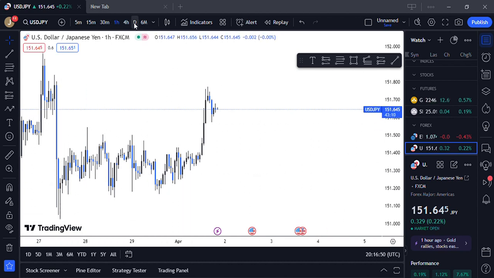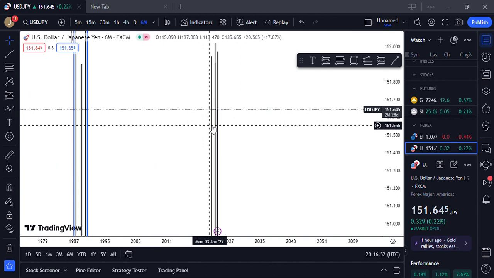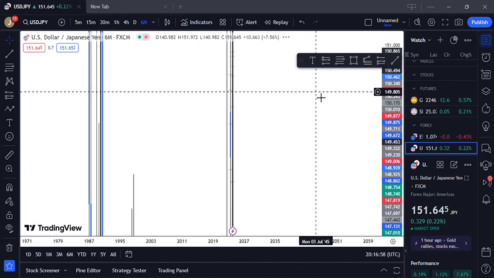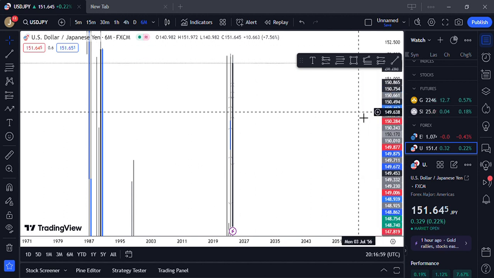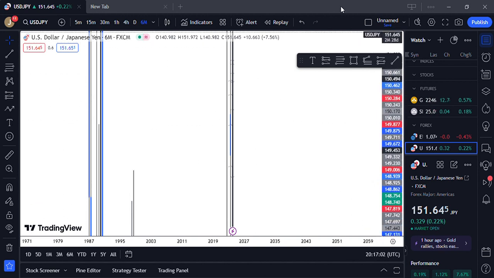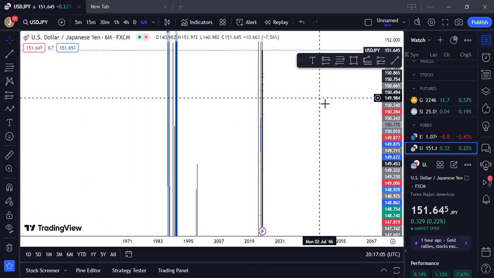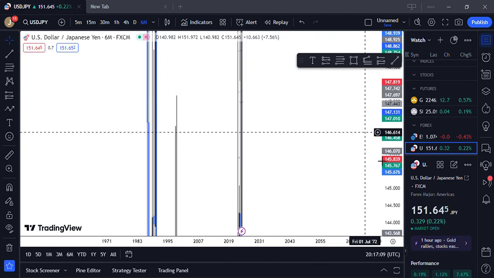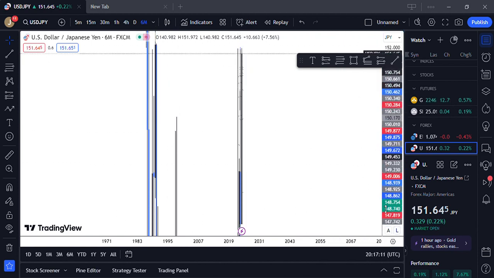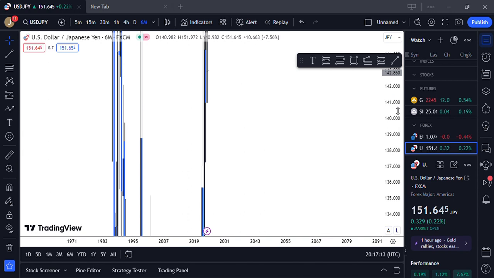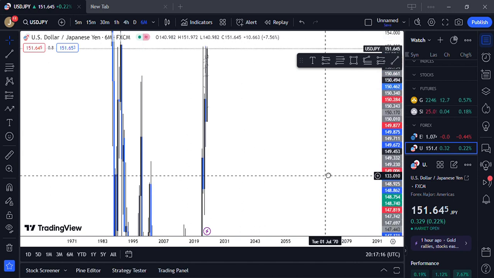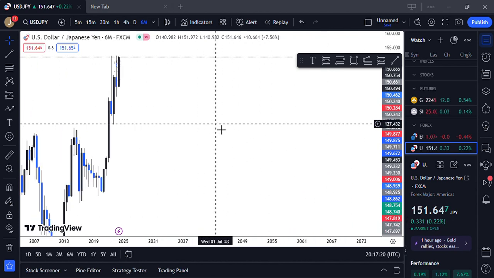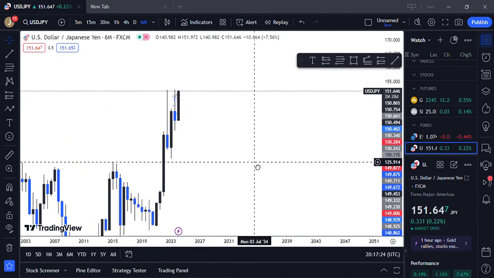Let me go to the 6 month time frame. So as I said again with the time frames, remember what I said about the time frames.